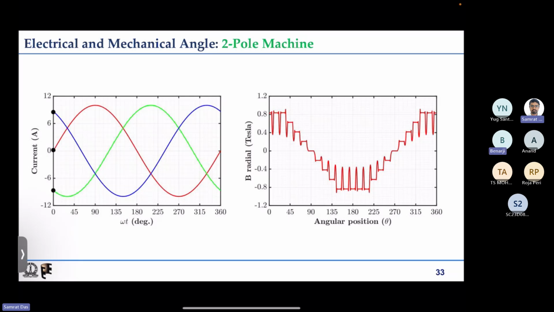Sir, here we thought the flux density will have a constant magnitude which revolves in space, right? Yes, ideally. But when we look at the plot which you have shown with angular position, radial flux density, when we are shifting with respect to time, the waveform is changing a bit, sir.